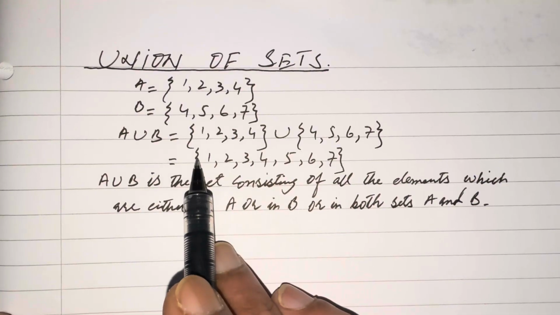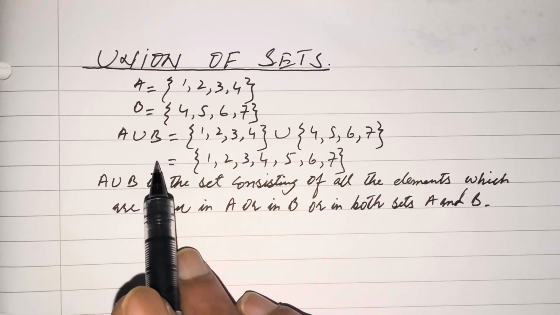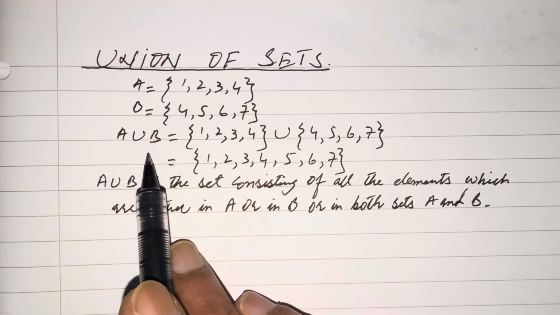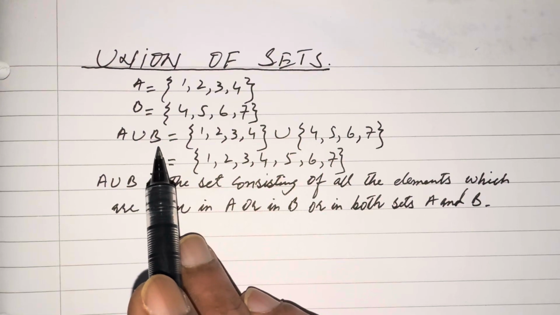That's the way we can find the union between two given sets.